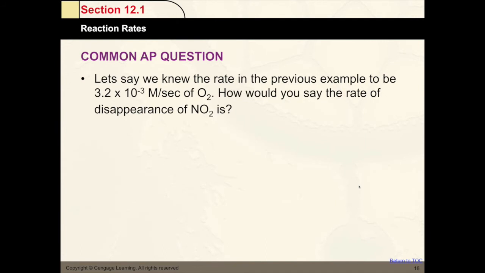And so here's that, let's just say we knew the rate in the previous example to be 3.2 times 10 to the negative third molarity of oxygen being created every second. How would you be able to determine the rate of the disappearance of NO2? Because you know the rate of one and you have a balanced equation, you can actually just do this using the simple stoichiometry that you've done in the past.